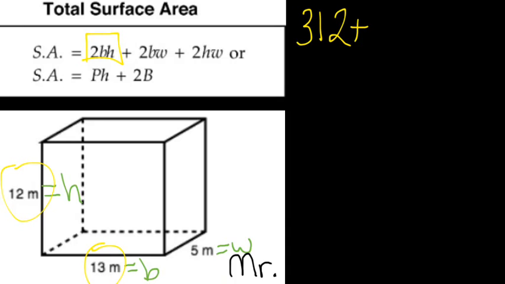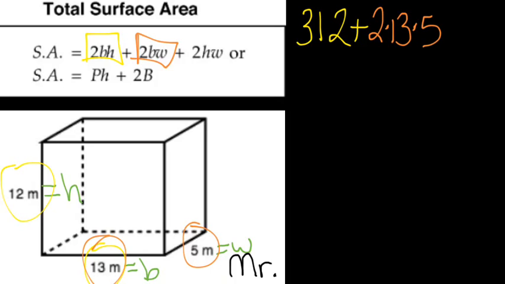And then, the next part is going to be 2 times base times width, and that's going to be 2 times 13 times 5, and then you get 130.